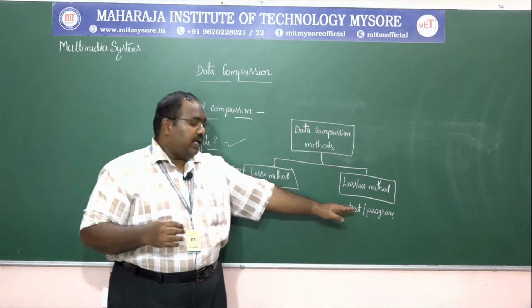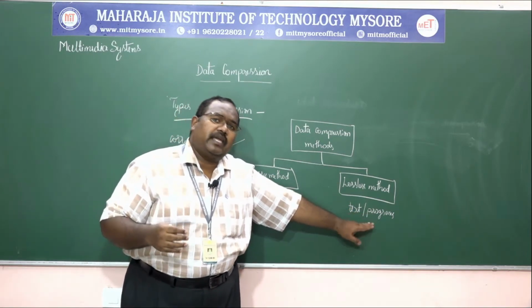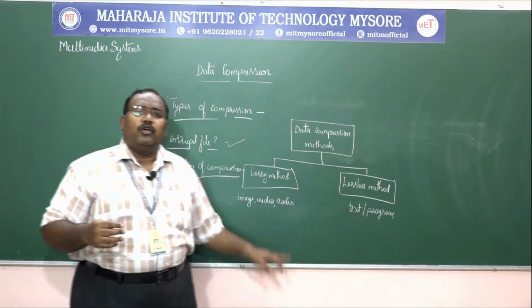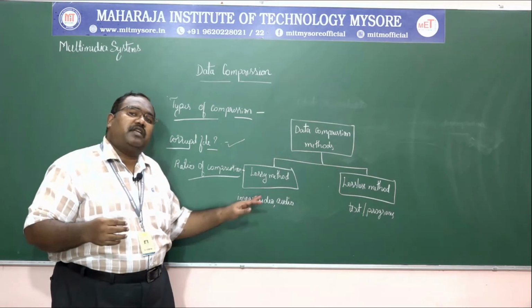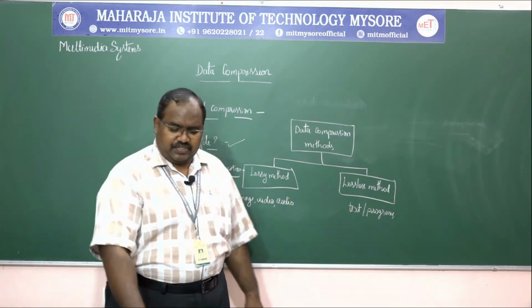We will see in further sessions why the compression ratio is very high for multimedia elements such as text, and why it is not as much as 90% and above for the others.